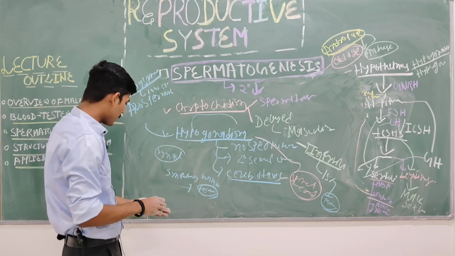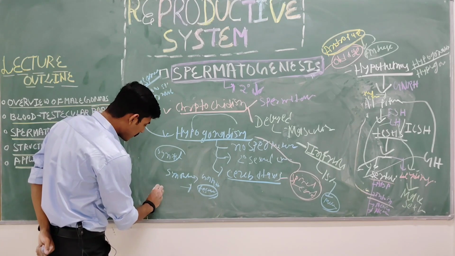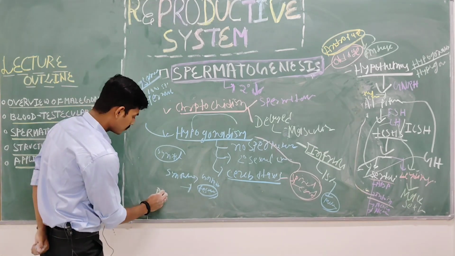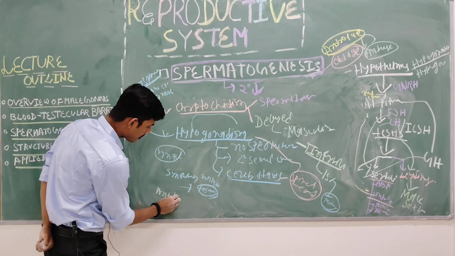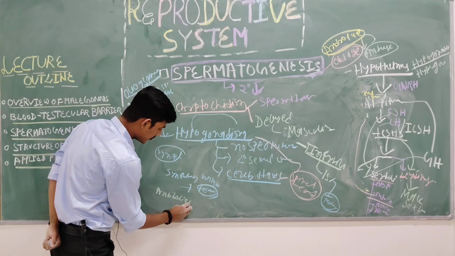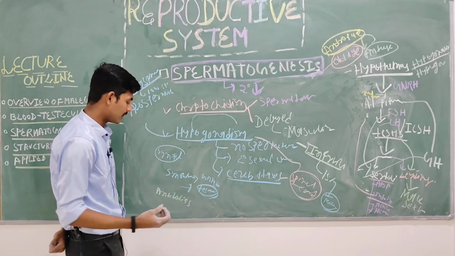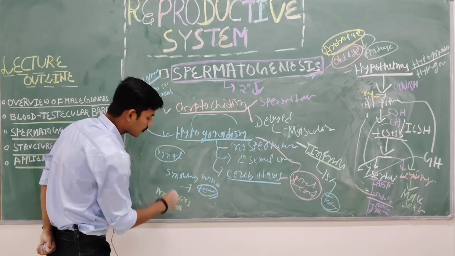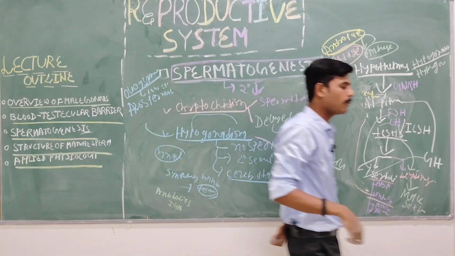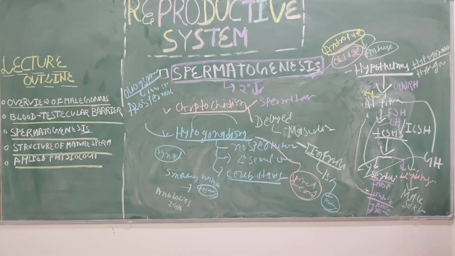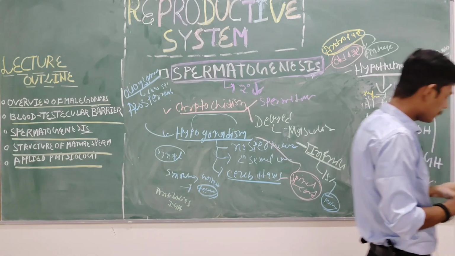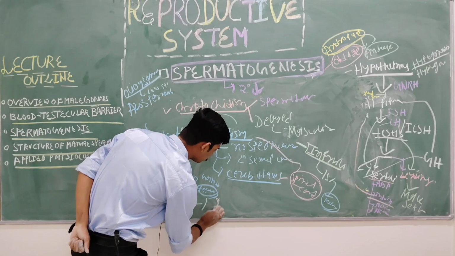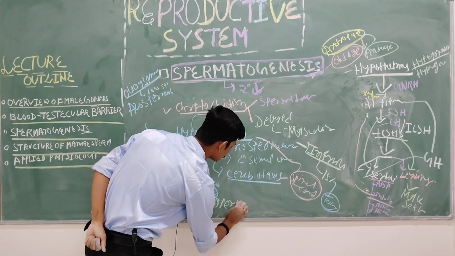Sometimes there will be development of antibodies against the sperm, mainly IgA type antibodies, and this condition is called sperm autoimmunity. Write it down.